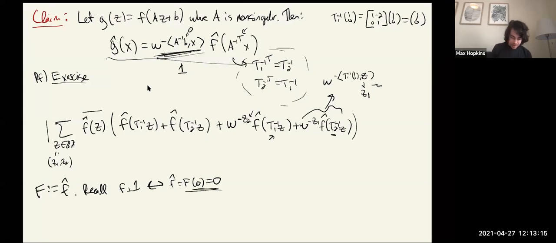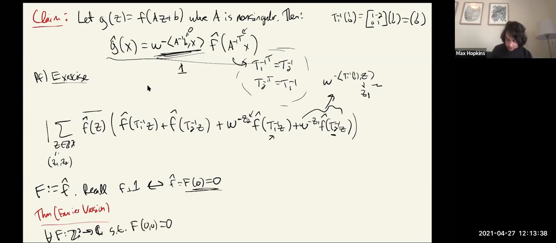In particular, the Fourier version of the theorem that I now want to prove is the following. For all functions f from Z_n squared to the complex numbers, such that f(0,0) is equal to 0, I want to prove the following bound.